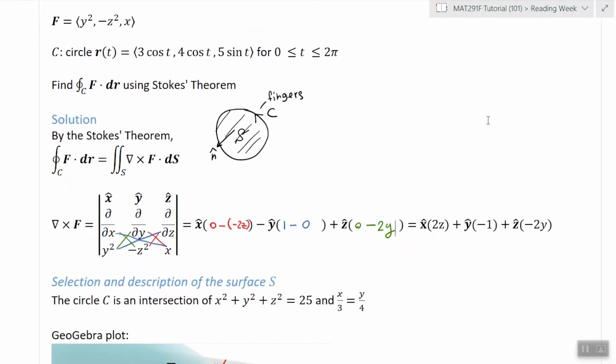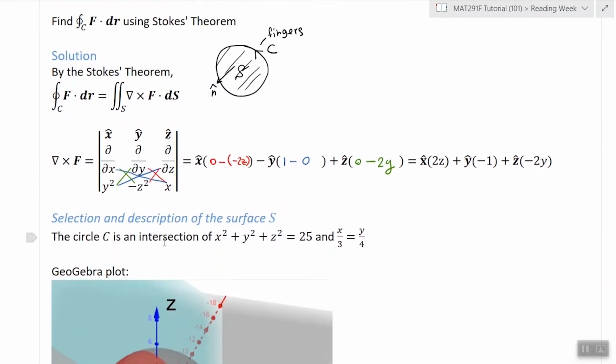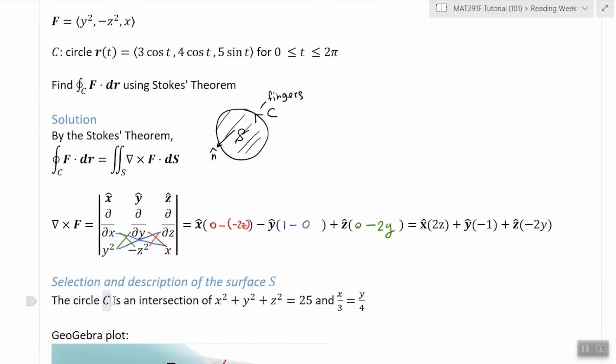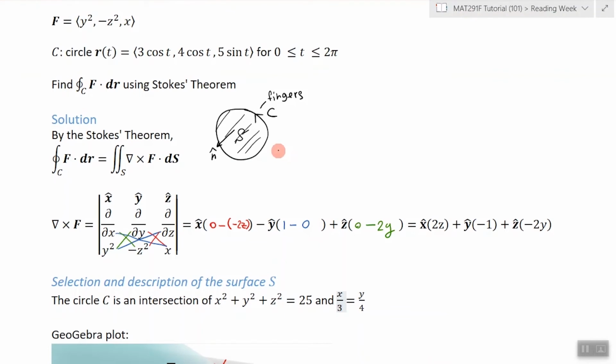Now let's describe the surface that we would want to select. This contour C was given to be a circle, and it lies on an intersection of this sphere and this plane. Now, you could probably select some other sort of shapes. These were the ones that came to mind. The reason why this left one is because if I were to plug in this expression for x, y, and z, I get 25.